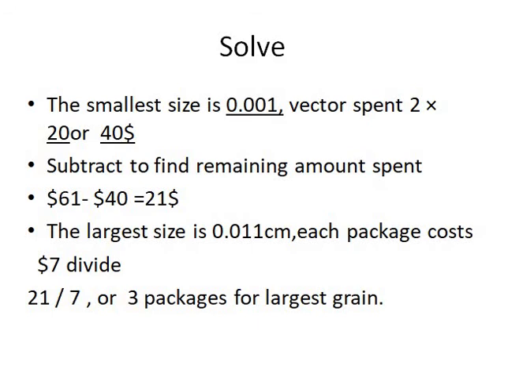So it's $21. Then in the question, I understand he wants to buy from the largest size, and I understand from the table that each package costs $7. So how can I find out?